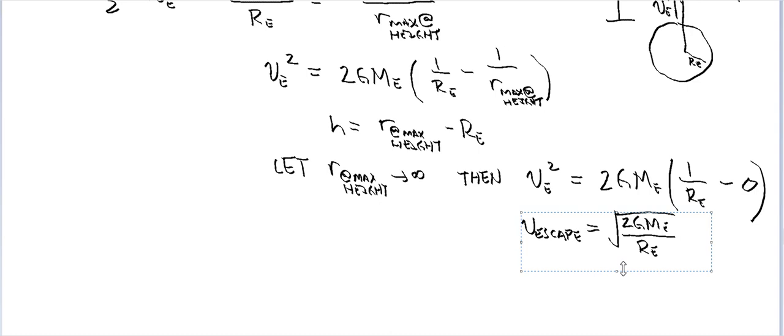It turns out for a class of non-rotating black hole, this actually gives the right answer. The Schwarzschild radius: you now have the ability to solve for the radius of a non-rotating Schwarzschild black hole, just by solving this equation for r, setting the escape speed equal to c, the speed of light, 3 times 10 to the 8 meters per second. And then as you vary the mass, the radius will change, right?